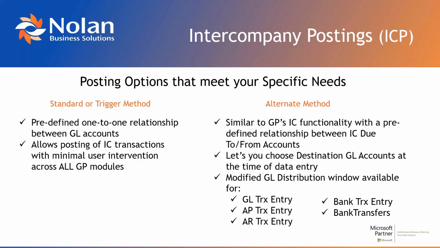And at the time of data entry, we open a modified window that essentially lets you choose the destination GL accounts at that point in time. Because we require a modified GL distribution entry window for that method, we focused our development on adapting the GL transaction entry, AP transaction entry, AR, bank, and bank transfer with that method.